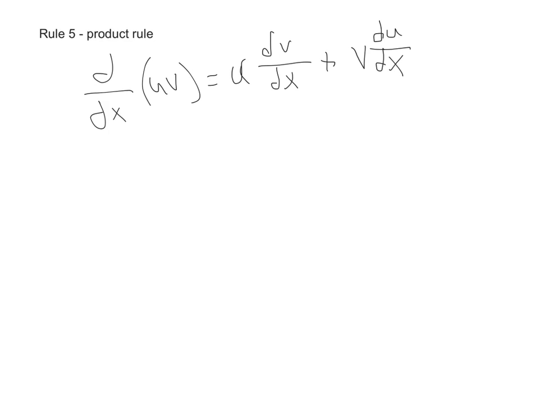So that gives me 5x to the power of 4 plus 9x squared minus 8x. For the derivative of that product. And like I said, if you didn't have your rules and you had to work this out using the pure definition of a derivative, that would be tough. That would be extremely, extremely difficult.